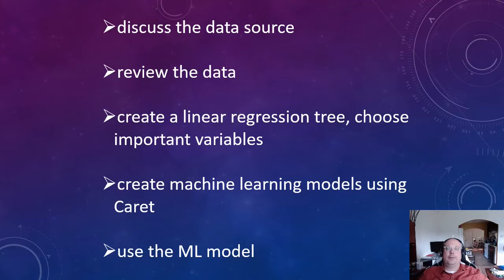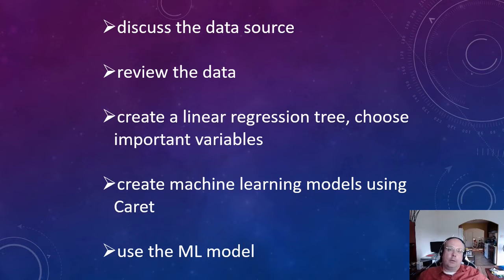Here is our agenda for today. First, I'm going to demonstrate how I obtained the data used to train the models. We will leisurely peruse the data. We'll create a linear regression tree and use some techniques to sort out which variables are the important ones for the prediction we're trying to make.